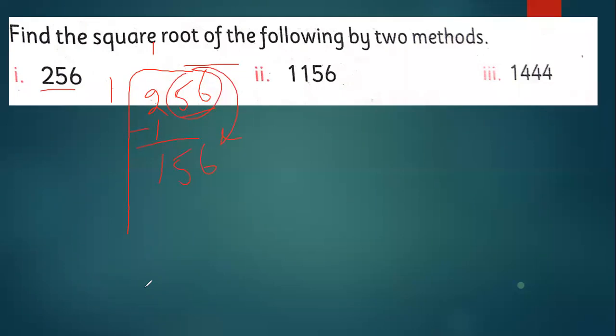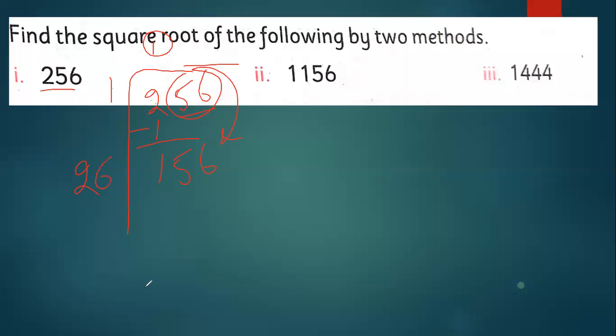Okay, now double of it. Double of 1 is 2. Now, what do we have to put here and there that gives you this number? These questions are very easy if you practice.